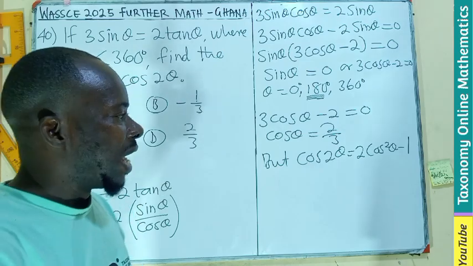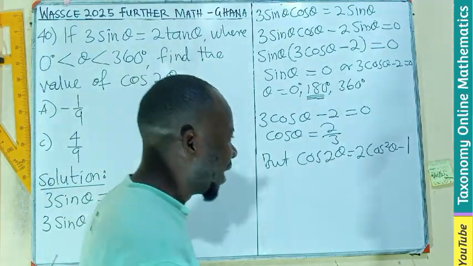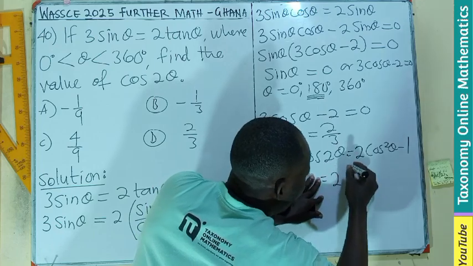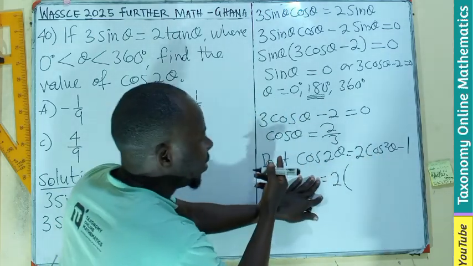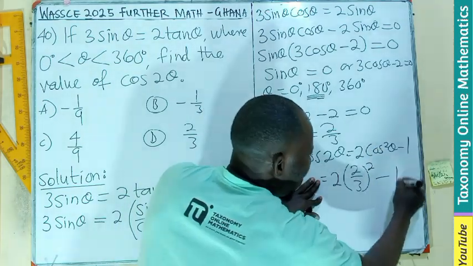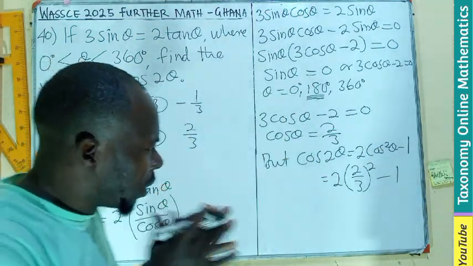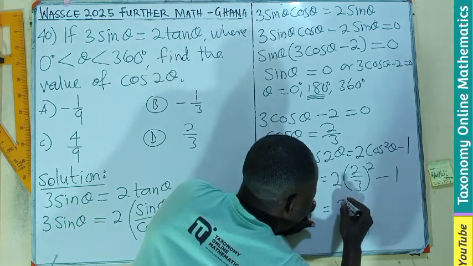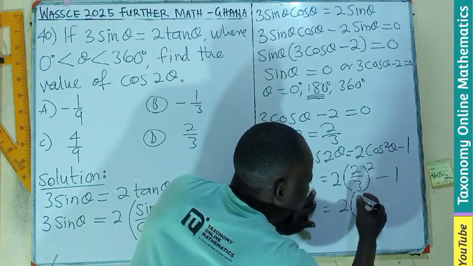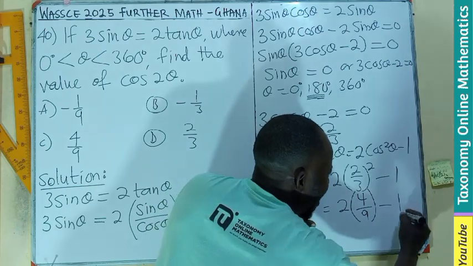We only need cos theta, not the theta value itself. So I go ahead and have 2 into bracket cos theta, which is 2 on 3, squared, minus 1. The square affects the value of cos theta. So this will give me 2 into bracket 4 over 9, minus 1.